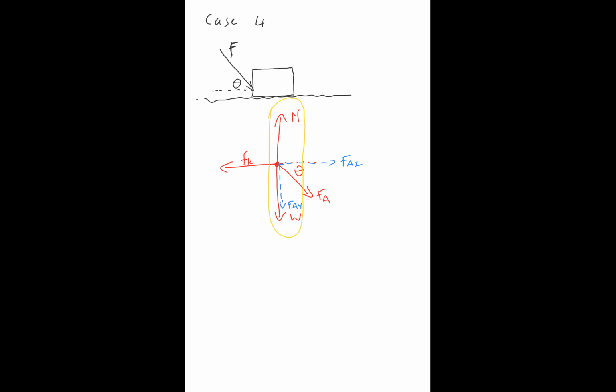Hence, we are going to have the following. Normal force is defined by weight plus FAY. So weight is mg, FAY is FA sine of theta. So this is how we define normal force on a horizontal plane.